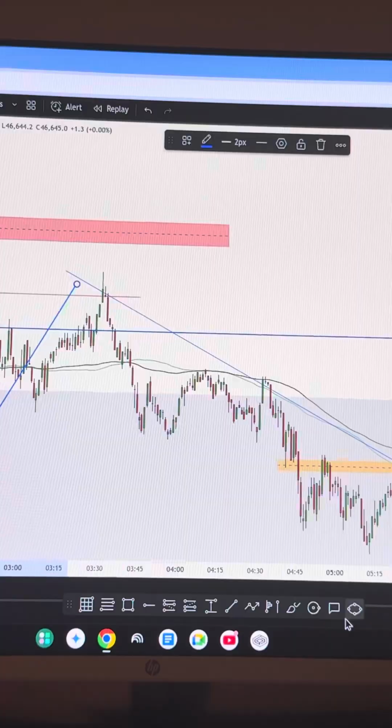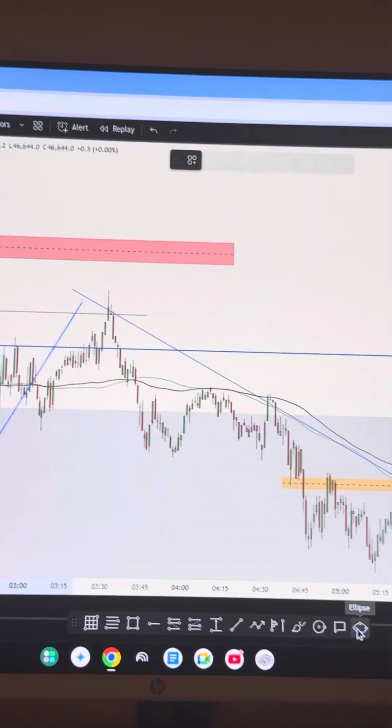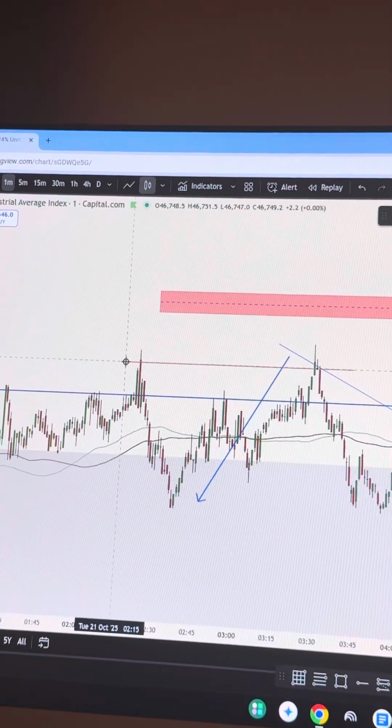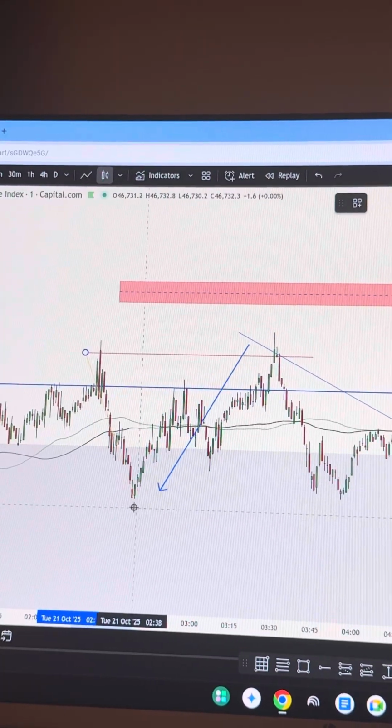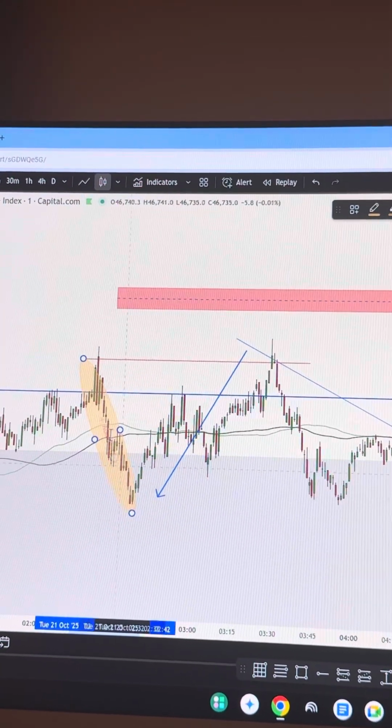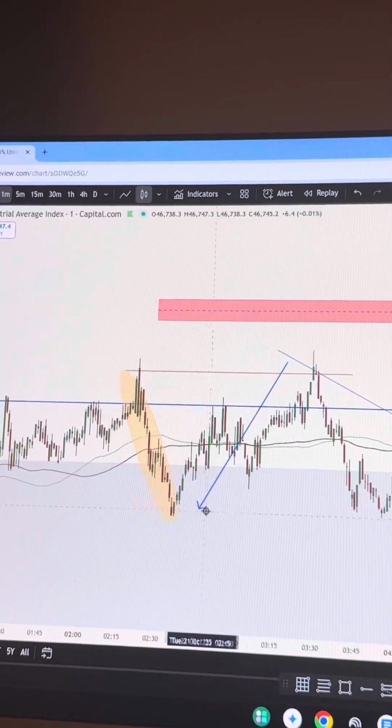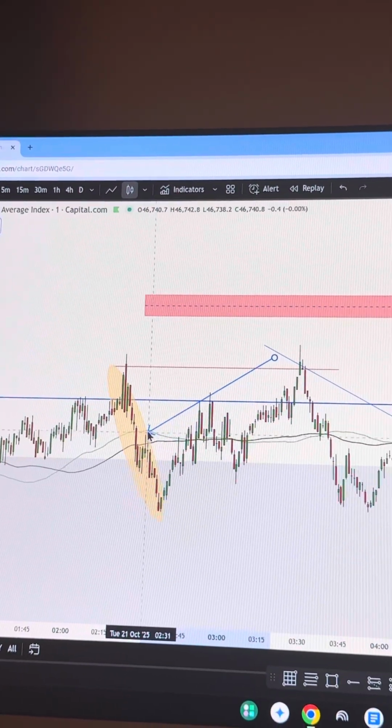Again, remember this move, yeah. This move from point A all the way right here to point B, this right here was your indication. Price broke through the MAs.